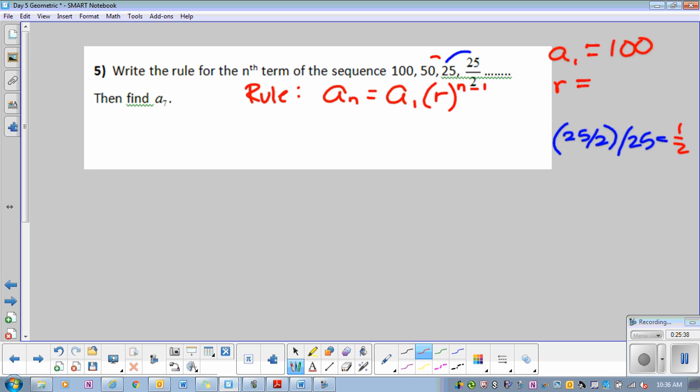Is it the same when you do 25 divided by 50? You get 1/2? Yep. Okay, so then I guess I could say my r equals 1/2, right?